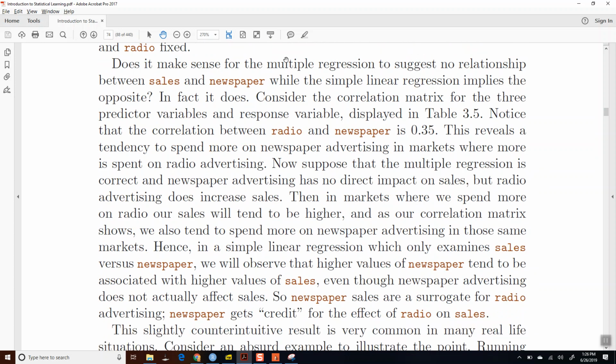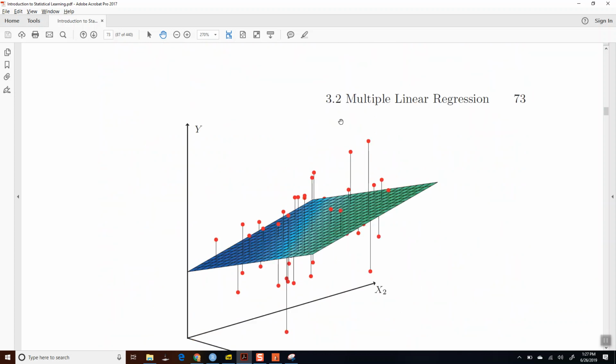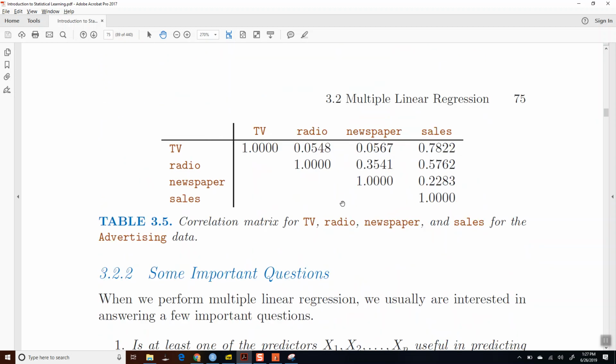And so here's the question. Does it make sense that the multiple linear regression suggests no relationship between sales and newspaper, while the simple linear regression implies the opposite? So is that all right? Okay, and it says it does make sense. It says if we look at the correlation matrix for the 3 predictor variables displayed in table 3.5, which is right here, okay?